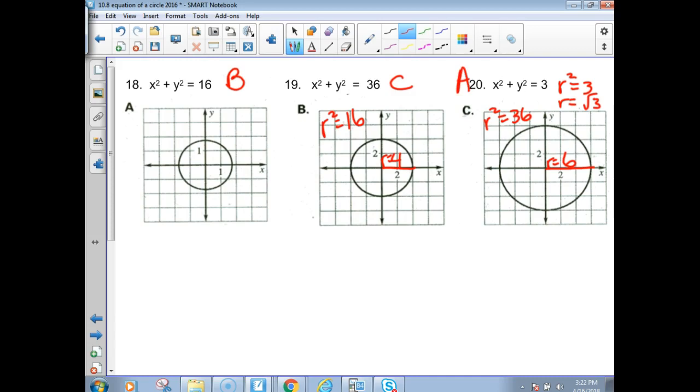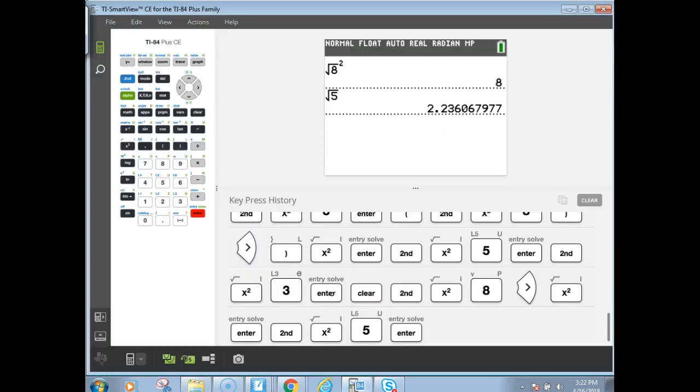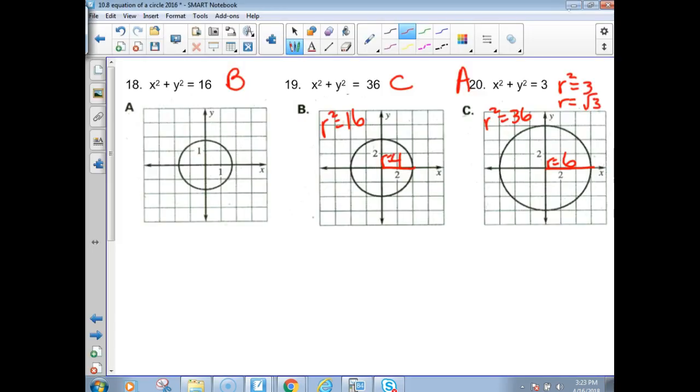It's probably going to be A, but let me double check. What's the square root of 3? Well, on the calculator, I type square root of 3, and I get a decimal, 1.73. Does that look like this is representing about 1.7 something? Yeah, so this is A. All right, so 20 was A. And that's how you'd have to figure it out, process of elimination.